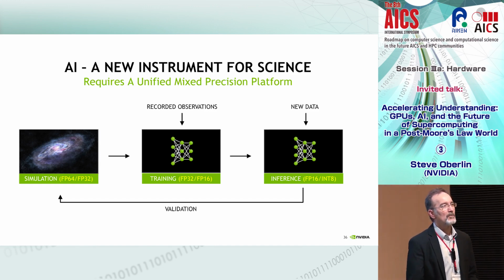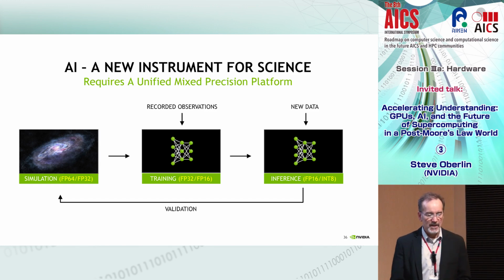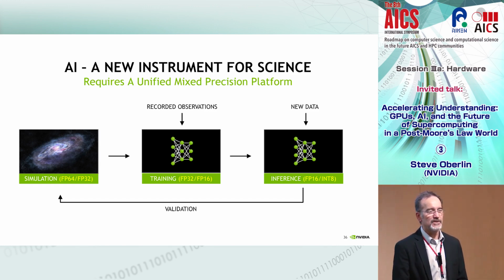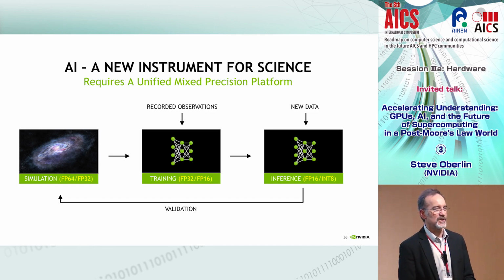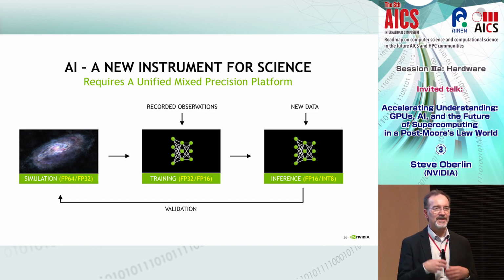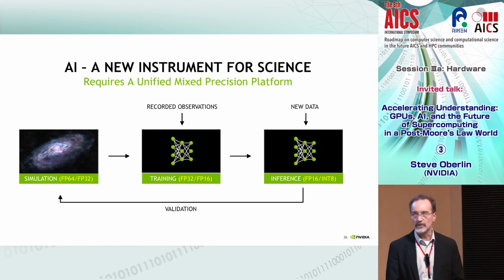That's very important. But once you have that trained neural network, as I said earlier, in inference-only mode, when you're just doing the forward passes, you don't need double precision. You don't even need single precision. Often you don't even need more than 8 bits to get the exact correct answers that you would have gotten out of FP32.